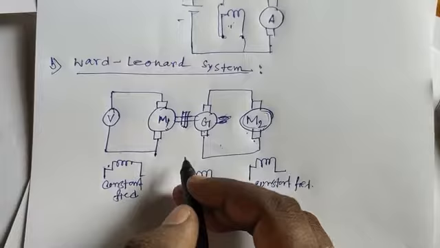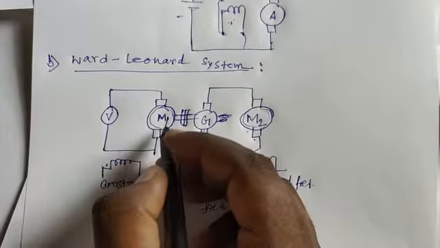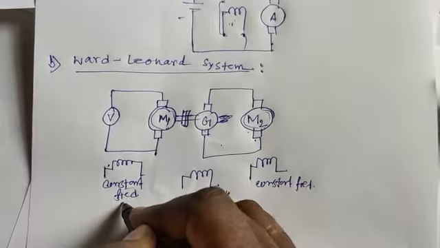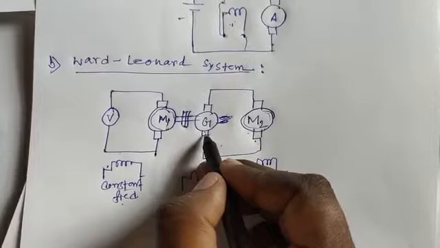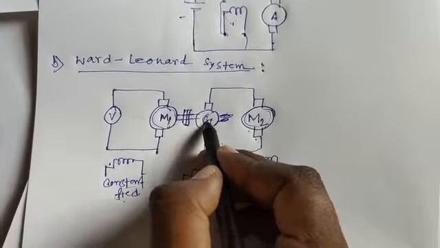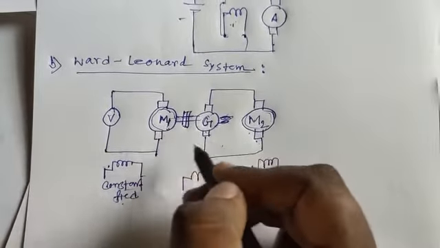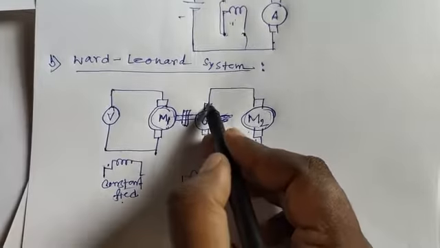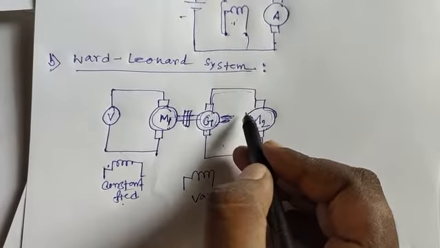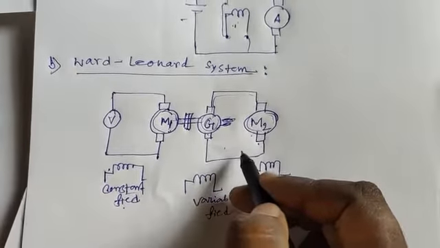M1 may be an AC or DC motor with constant speed, and its field is constant. G is the generator directly coupled to M1. The output from generator G is fed to the armature of the motor M2, whose speed is controlled.